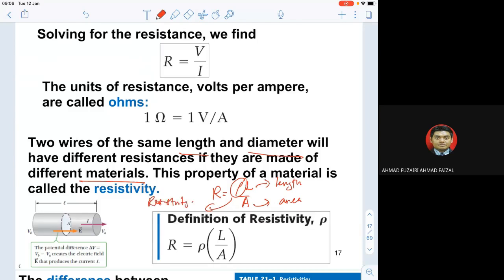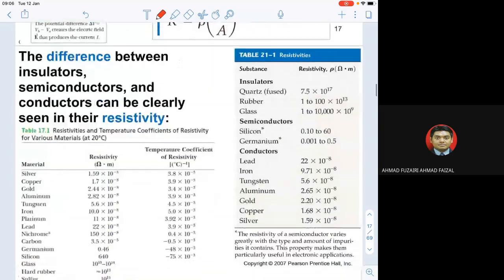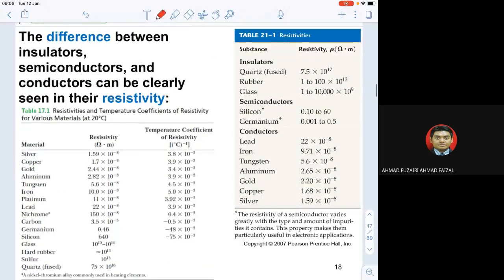Resistivity means that it is the property of the resistance. We can see here the difference between insulators, semiconductors, and conductors in terms of resistivity.